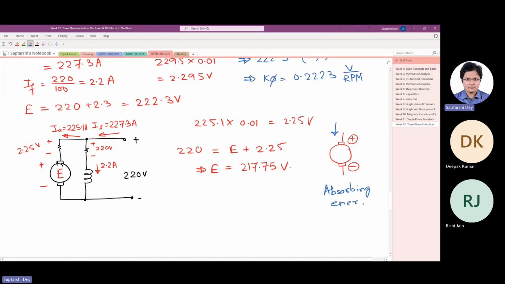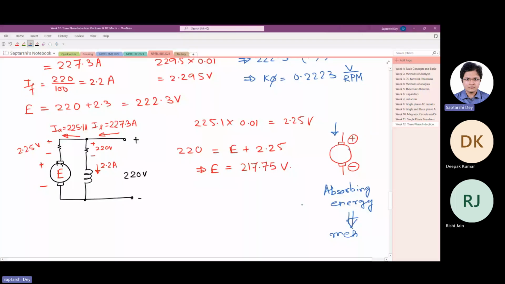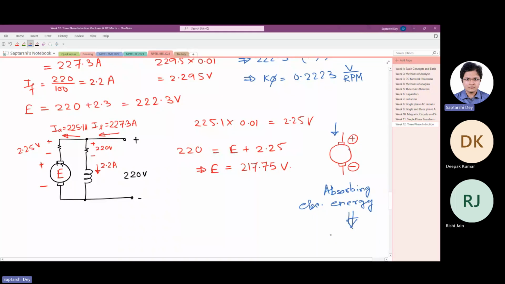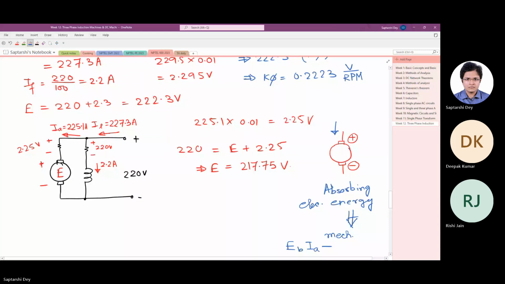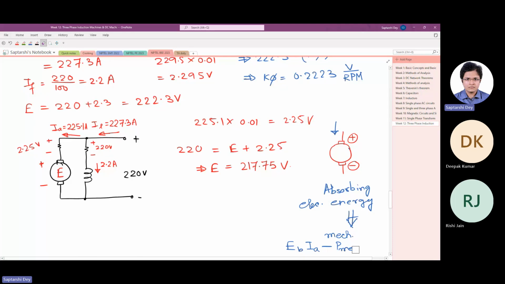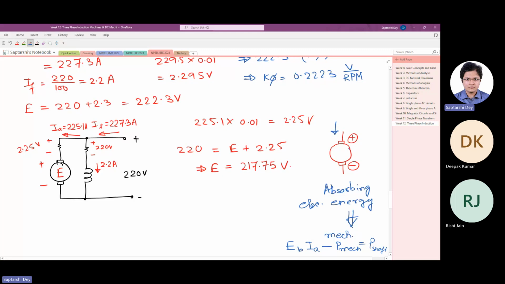So the motor is absorbing electrical energy, and where is this energy going? This is being converted to mechanical energy. So if you multiply back EMF with armature current and subtract the mechanical losses, what you get is the actual mechanical power available at the shaft of the machine.